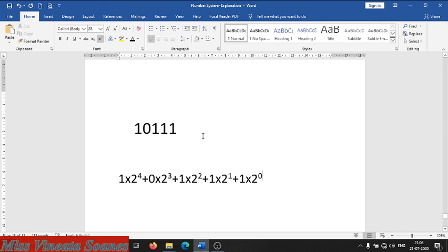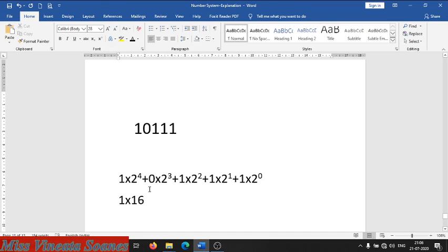So in the next line you're going to get 1 into 2 to the power of 4. Straight away you can give the answer as 1 into 2 into 2 into 2 into 2, or else you can write 1 into 2 to the power 4, which would mean 2 into 2 is 4, 4 into 2 is 8, and 8 into 2 is 16.